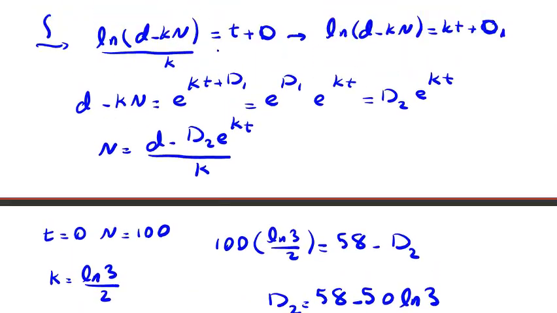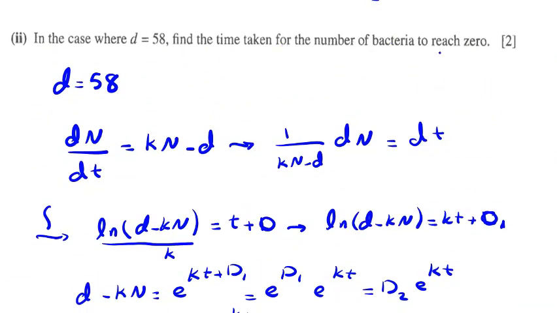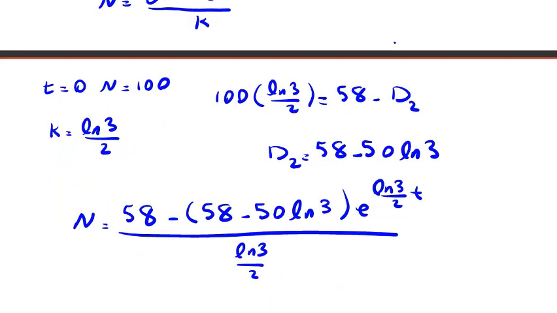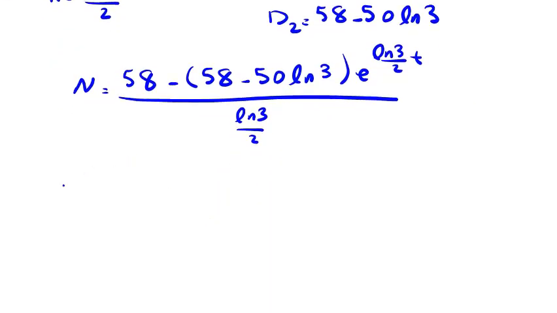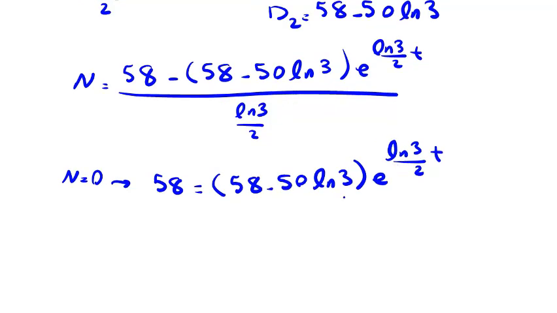The problem says: for what t does n equal 0, the number of bacteria reaches 0. So if n is 0, then the numerator will be 0. 58 minus this is 0, so 58 equals (58 minus 50 ln 3) e to the power of ln 3 over 2 times t.